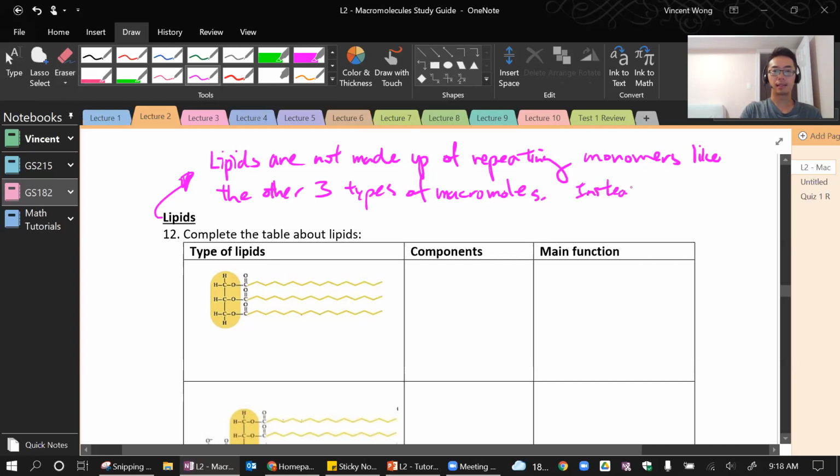Instead, it has components. Okay, it has components that you put together. It's like building a computer.